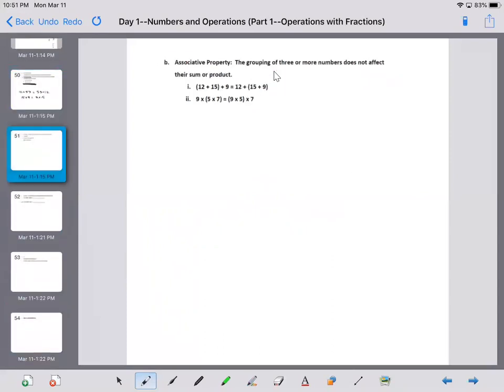With associative property, it's all about your grouping symbols. Well, you really can't add and multiply more than two numbers at a time. So what you do is you start with grouping those two.